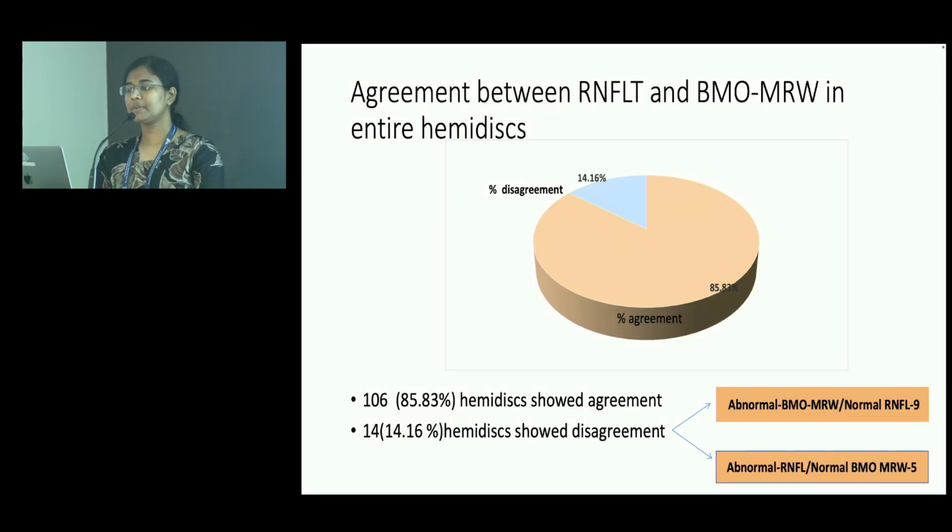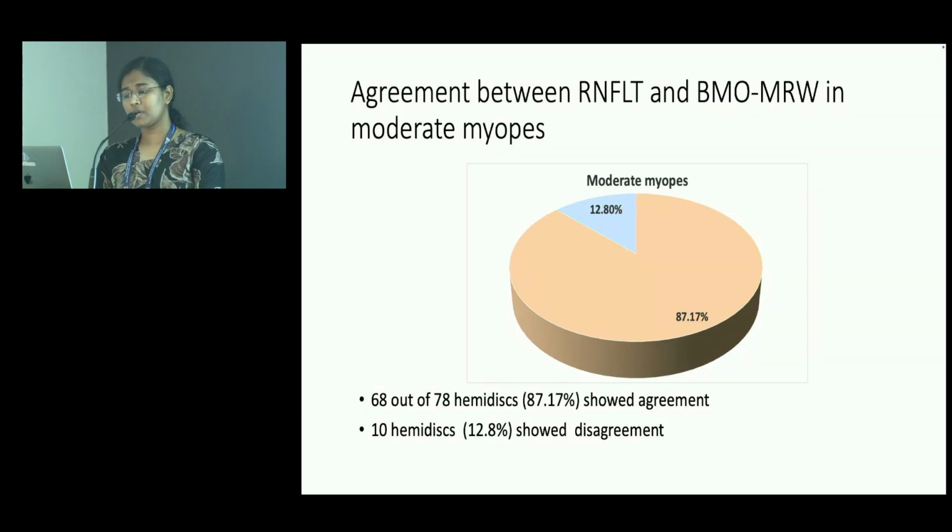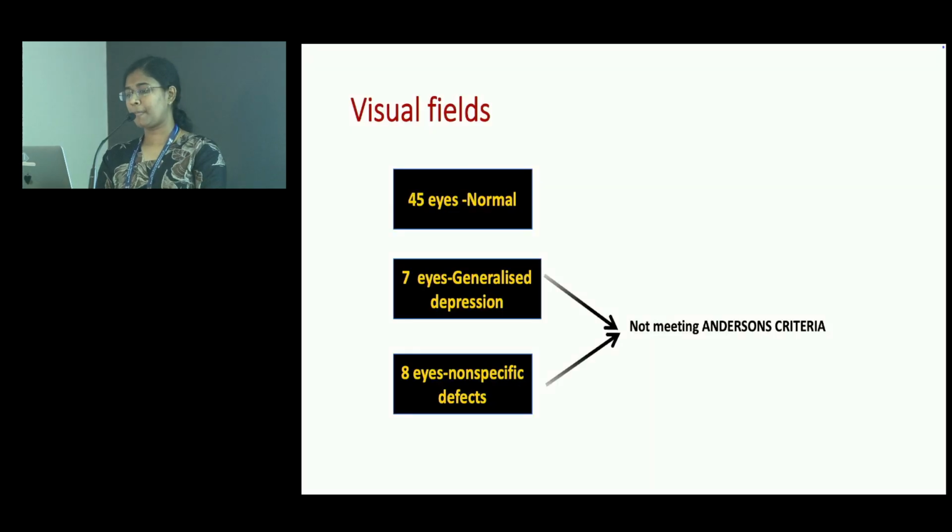Coming to agreement between RNFL and BMO-MRW, out of 120 hemidiscs analyzed, 106, that is 85.83%, showed agreement, whereas 14.16% showed disagreement. That is, 14 hemidiscs showed disagreement. Mild myopia patients also showed good agreement, that is 19.7% showed agreement. Moderate myopia also showed 87.17% good agreement.